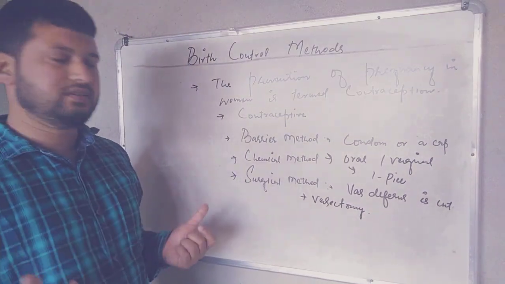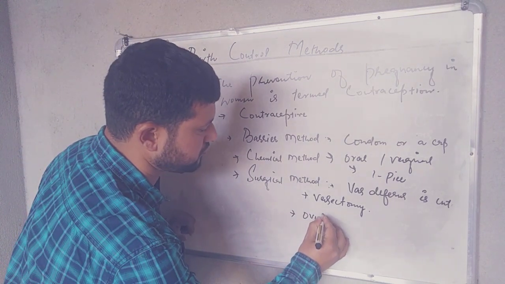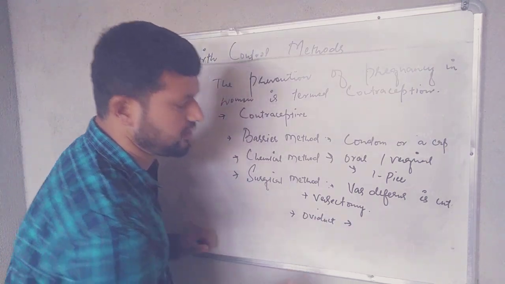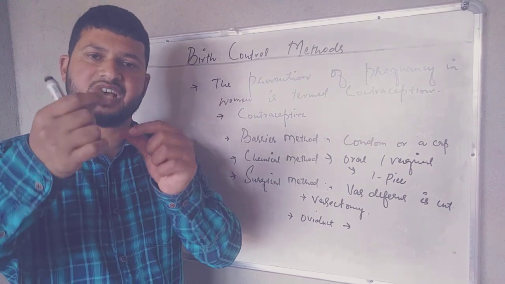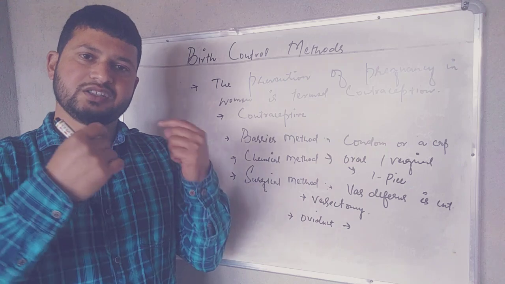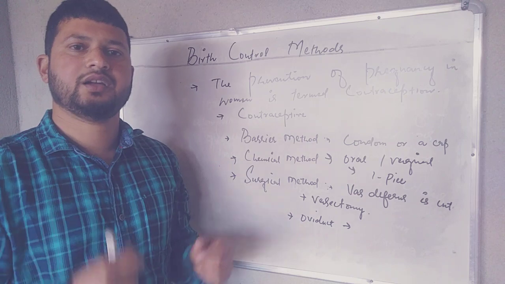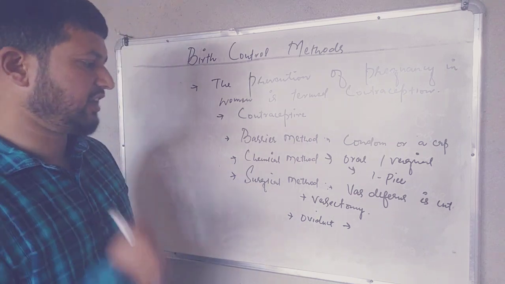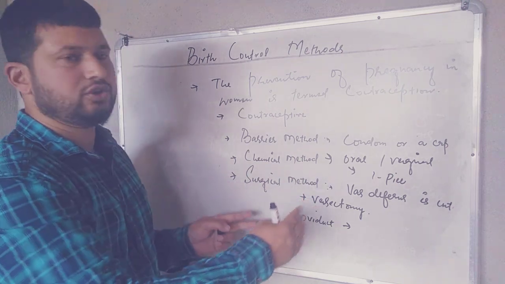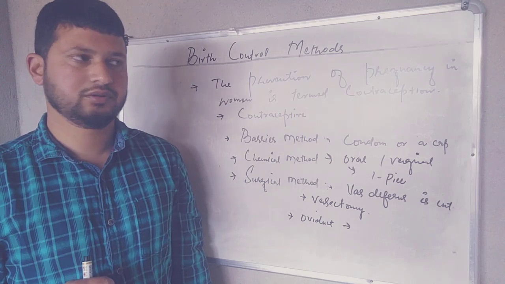And in females, a small portion of the oviduct, or you may say the fallopian tube, is cut, and then both the ends are ligated or tied up together, which prevents the ovary from releasing the egg into the oviduct. This technique is termed as tubectomy. But remember, this technique should be carried out by a medical professional or a doctor.